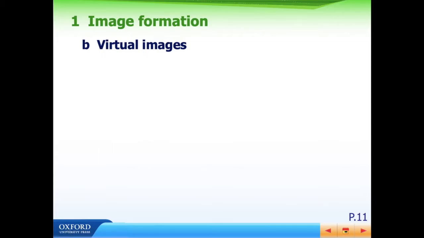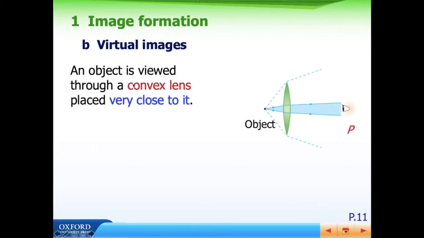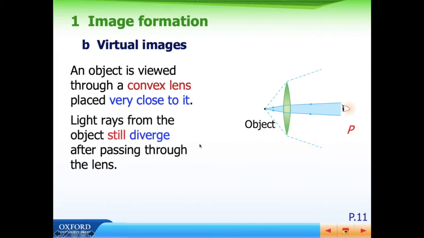Now let us talk about what a virtual image is. Let us consider an object that is viewed through a convex lens placed very close to it. So you have this object placed very close to our convex lens, and this is you, the observer, at point P. Light rays from the object still diverge after passing through the lens.